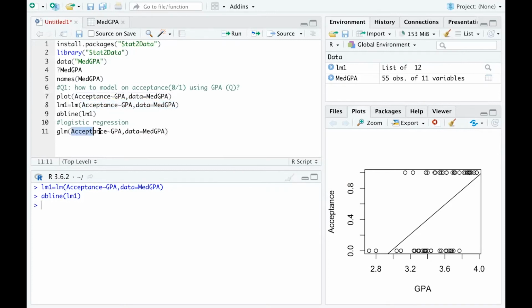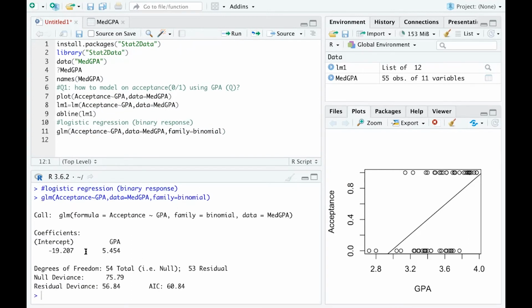So we are going to use Y versus X, set up the data set, and then we are going to use family equals binomial. So we want to set this up because we are talking about a model that has a binary response. Binary means 0 or 1, yes or no.